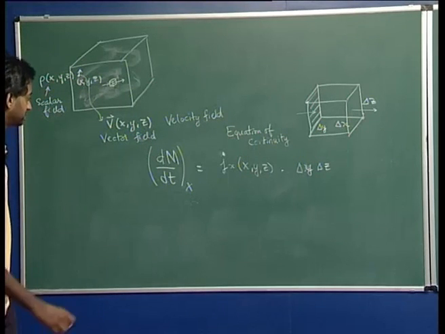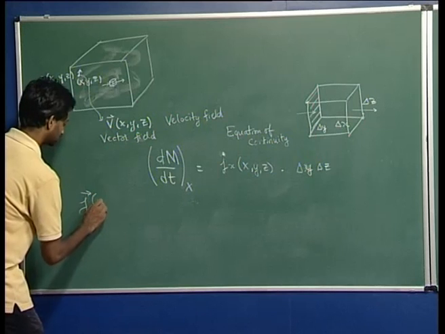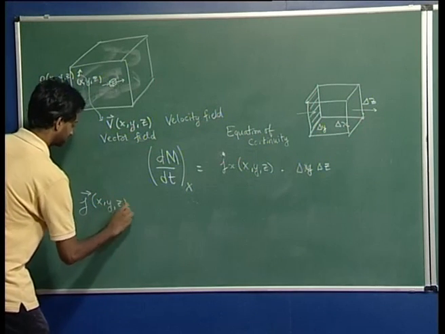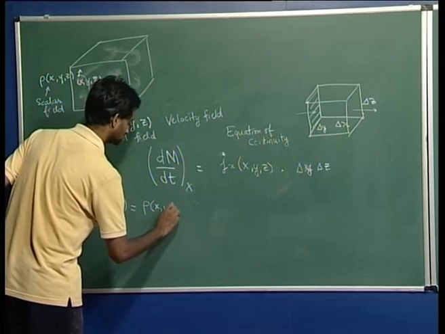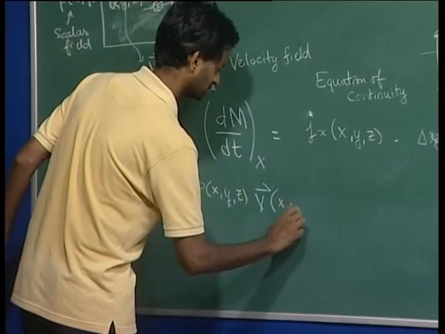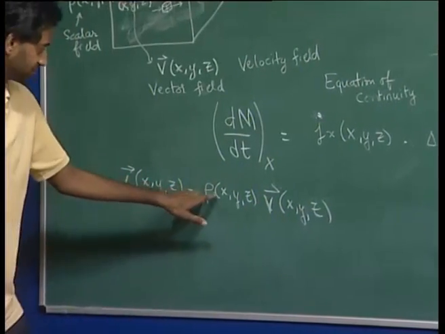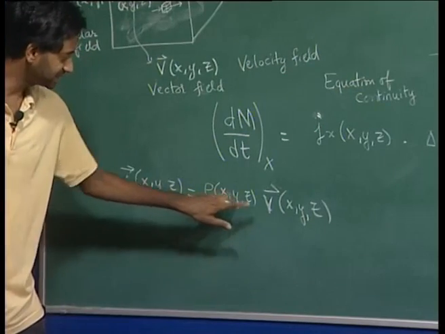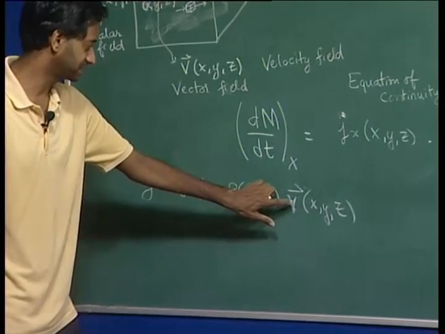So then you can ask, what is the current? The current is a vector field which is given as the product of rho and v, the scalar field for the density times the vector field for the velocity. The product of a scalar times a vector is a vector.